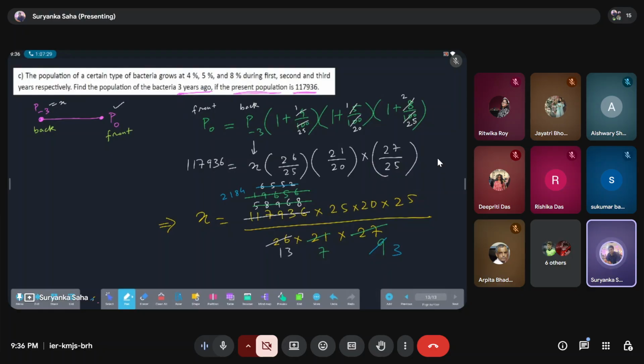Again 3: 3 1s are 3, 3 7s are 21, 3 2s are 6, 3 8s are 24. Now 7 is visible, it will go with 7.